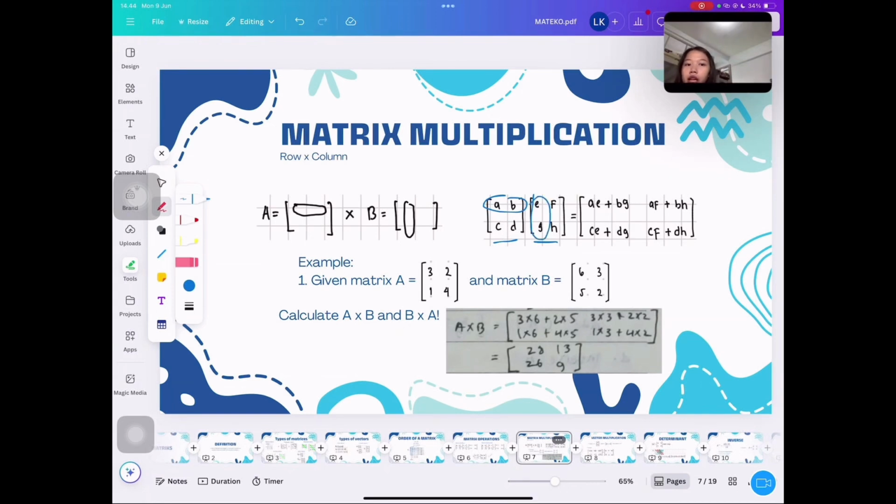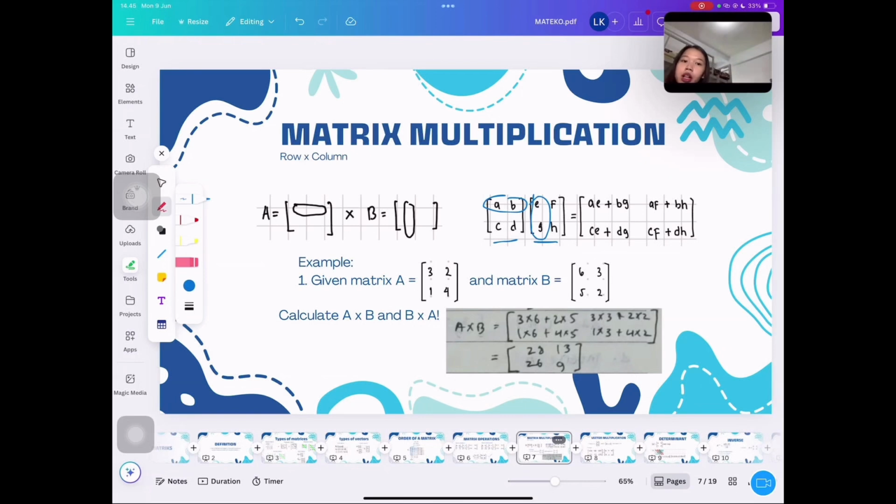Multiply A by E and add it to B multiplied by G. And then A multiplied by F, B multiplied by H, C multiplied by E, D multiplied by G, C multiplied by F, D multiplied by H.